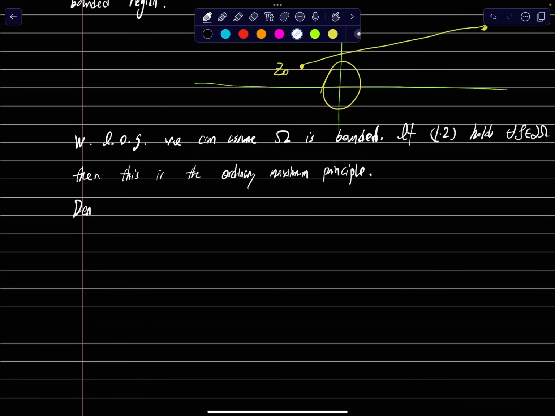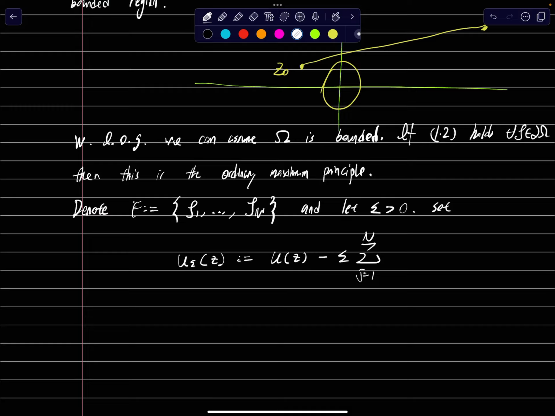So since F is assumed to be a finite subset, we can denote F equals zeta 1 up to zeta n, and we can choose epsilon greater than 0, and define a function u epsilon of z to be u of z minus epsilon times the summation j from 1 to n of the logarithm of the diameter of omega over z minus zeta j.